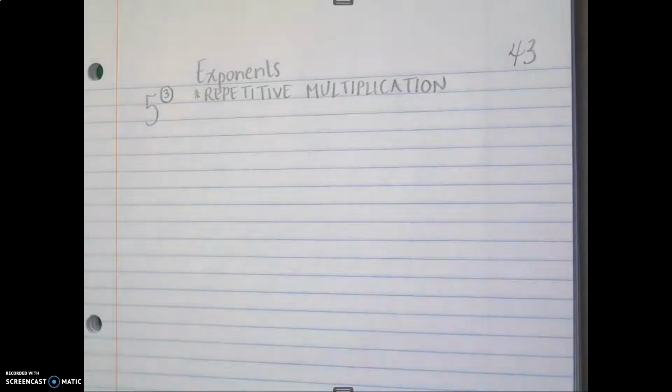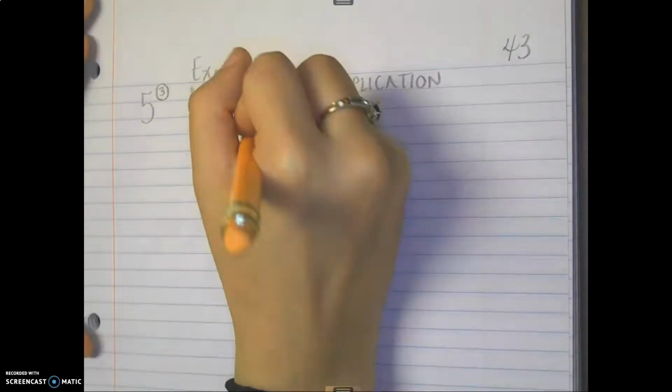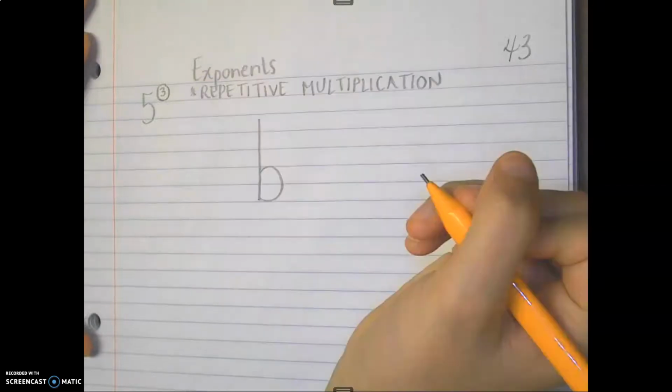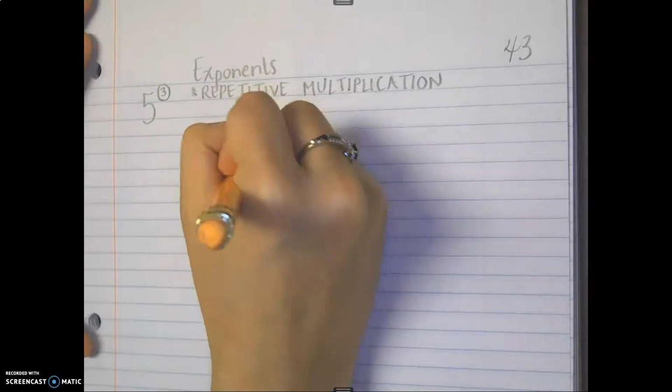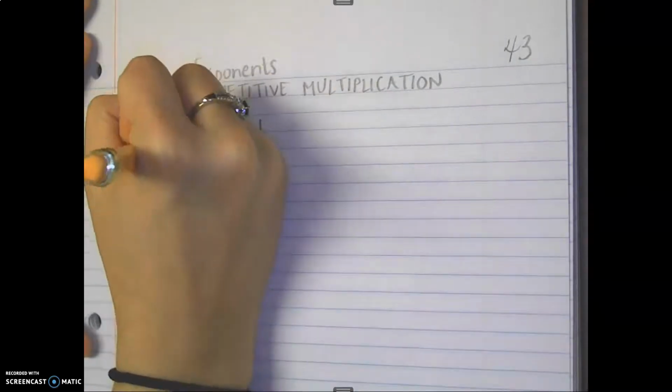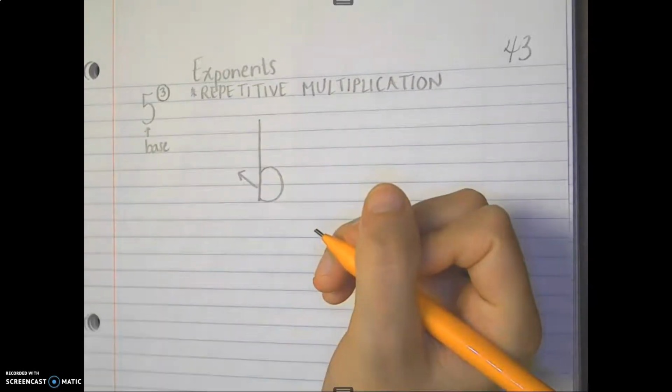So let's review our parts. So my big number, our regular number, that is the base. So I'm going to label it over here. So that's the base, B for base.